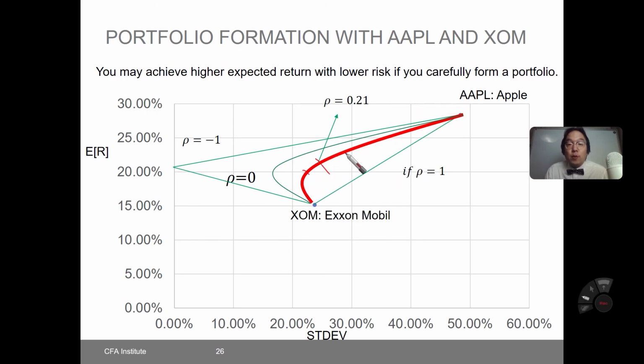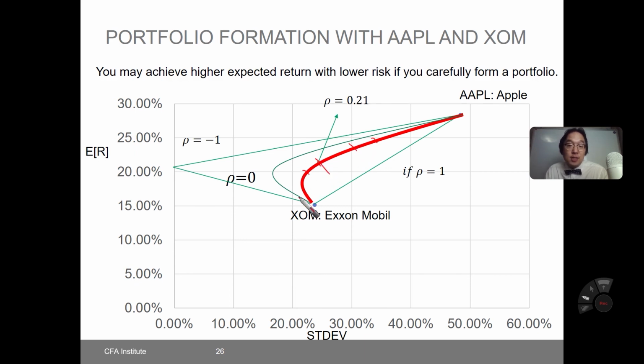And then, each and every point on this nice rounded curve is a possible portfolio. For example, over here, 50-50, and then more onto ExxonMobil, and then more onto Apple.